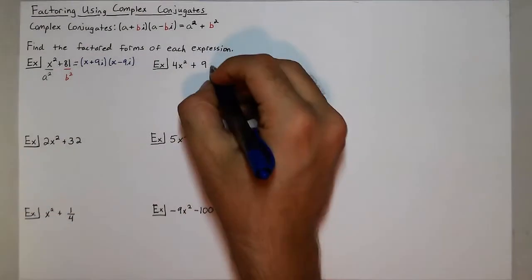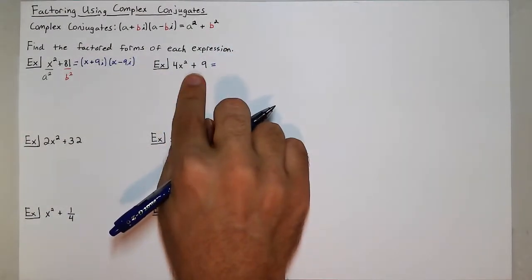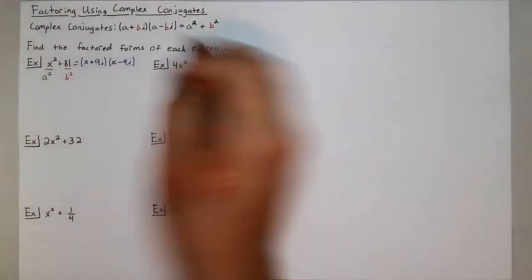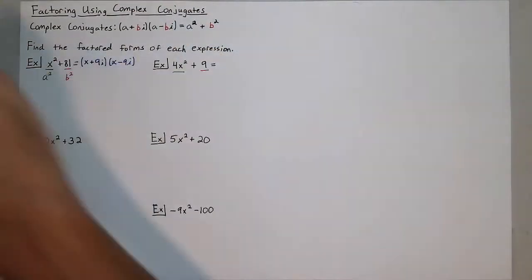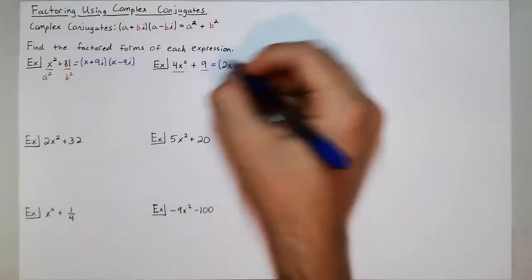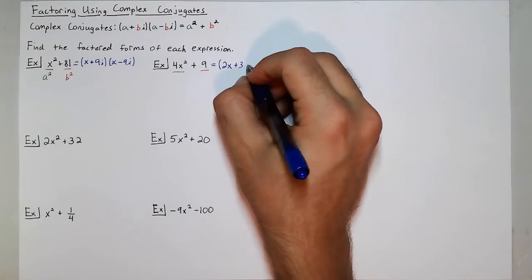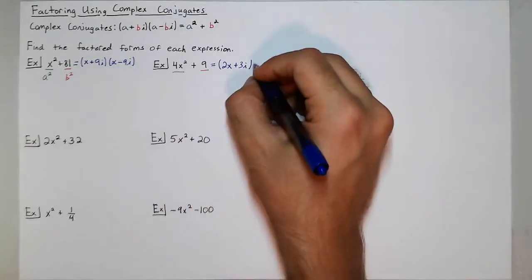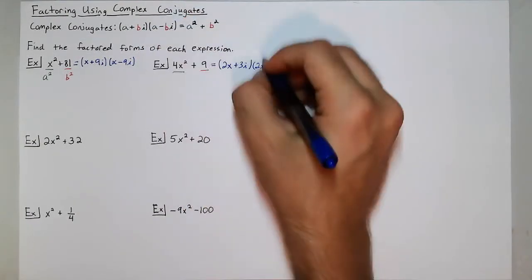So over here, I would have 4x squared plus 9, but now the square root of 4x squared is 2x, and the square root of 9 is 3. But now we're going to use complex conjugates, so it'll be 2x plus 3i times 2x minus 3i.